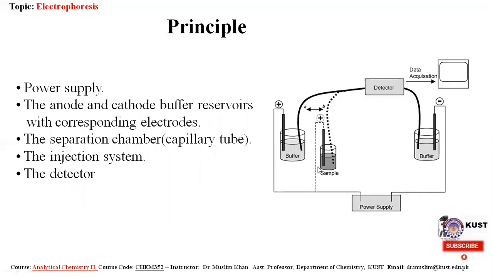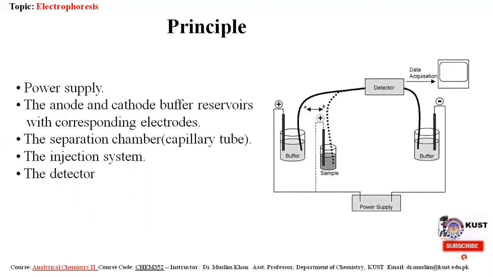This is the sample, and this is a buffer solution, and with the sample this anode is there, and also in the buffer solution. And next, this is a detector, and the cathode is there. This is a data acquisition computer, and power supply is given to this. So the anode and cathode buffer reservoirs with corresponding electrodes, the separation chamber capillary tube, the injection system and the detector. This is the main principle of this.